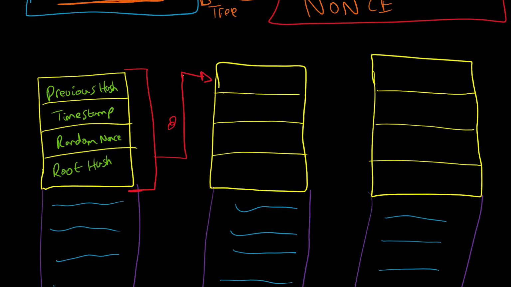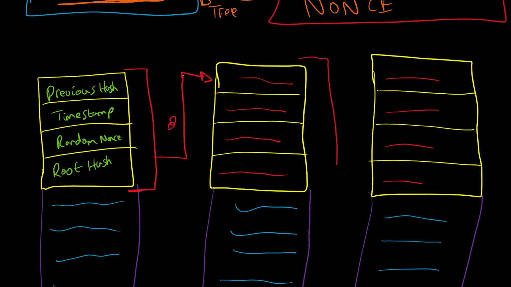So we have the previous hash here, we have the timestamp, the random nonce, the root hash. It's the same thing for this one. And again, the entire block's hash forms the previous hash. So that is the structure of a block.